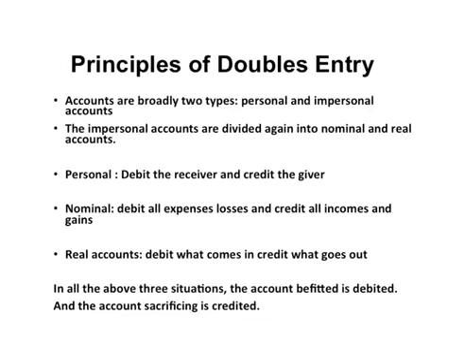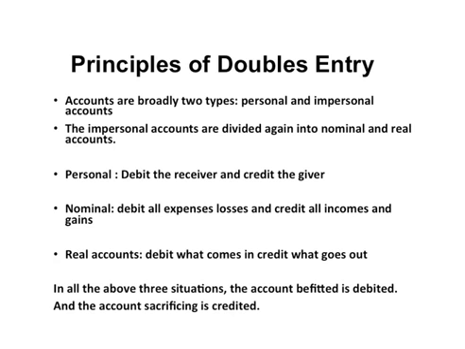The real account is related to the assets. Now, let us look at the personal account. The rule for personal account: debit the receiver and credit the giver. Now, let us look at the nominal account: debit all expenses and losses and credit all incomes and gains.